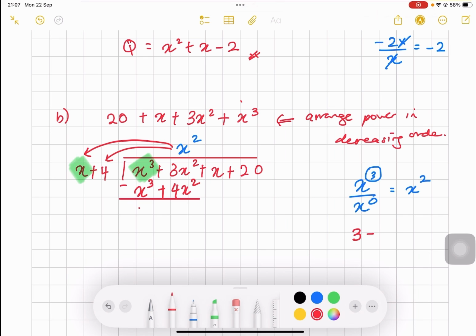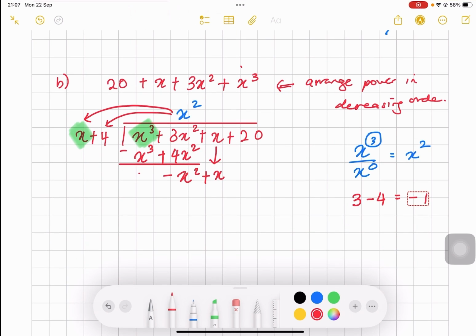Then 3 minus 4, negative 1. Don't put 1, just put negative x squared. Then bring the x down, and then you're going to eliminate the x squared: negative x squared divided by x leaves negative x. So negative x times x, negative x squared, negative x times 4, minus 4x.